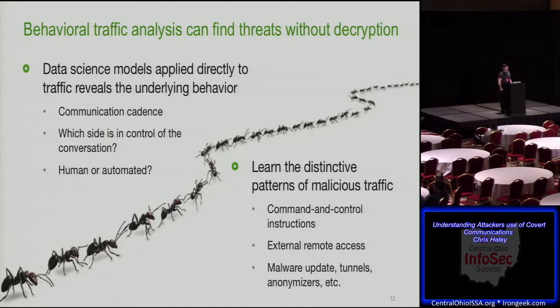So what do we look at, and what are the models built around to reveal underlying behavior? The one is communication cadence. Who's in control of the session? The second is, who's in control of the session, and then does the session look to be automated, or is it a human-driven session?